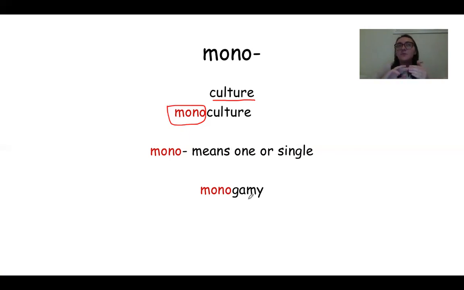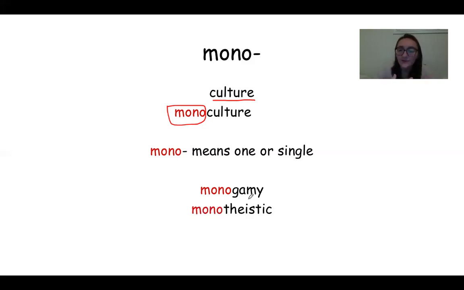People use it when they talk about couples, like dating or marriage, that kind of thing. Monogamy is when you only date one person. You don't date other people while you're dating that person or while you're living with or having a relationship with them.